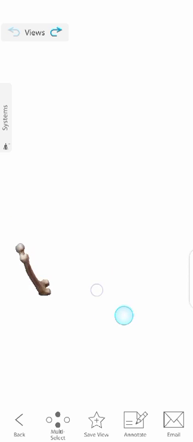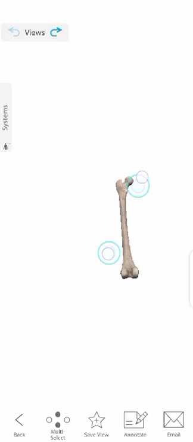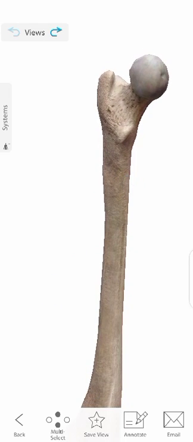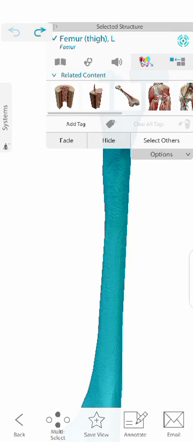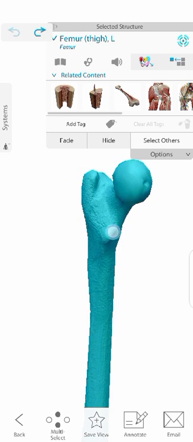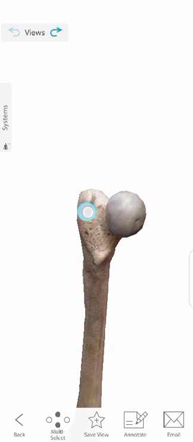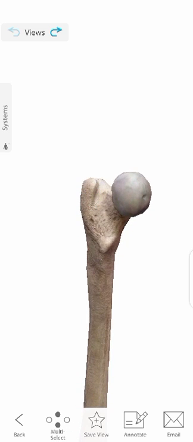Between our greater and lesser trochanters, you can see this line linking them.